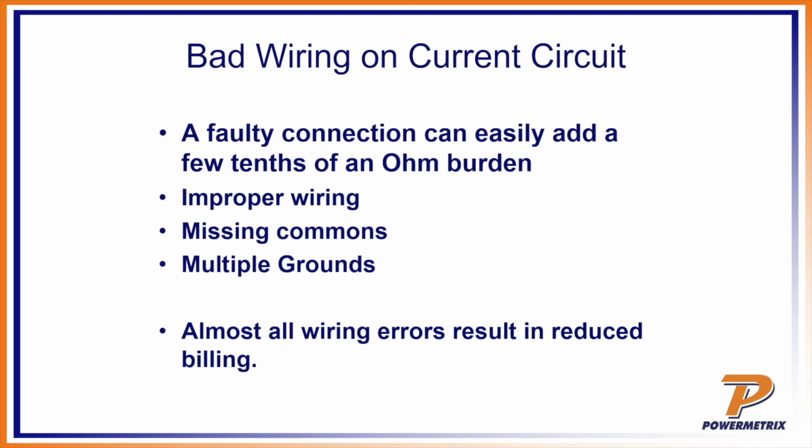So almost all wiring errors result in a reduced billing. This is the kind of thing we want to be on the lookout for. And it could be as simple as turning a nut or a screw one more turn to get a good connection, or making sure that the leads of that wire are connected to the right points.